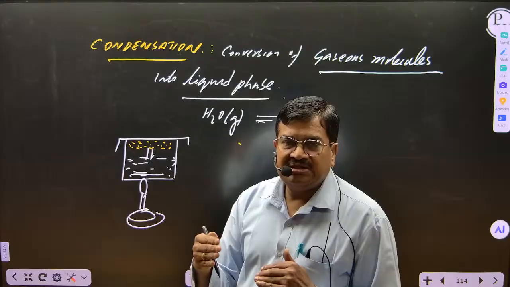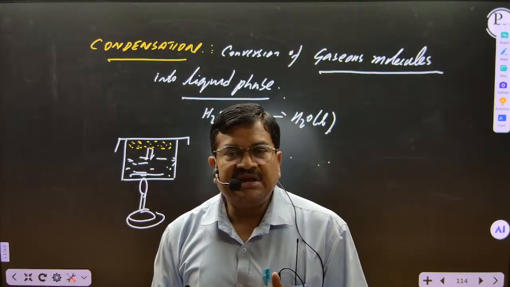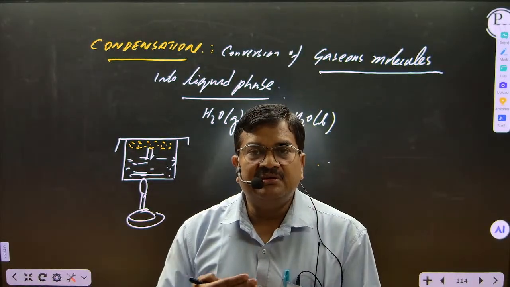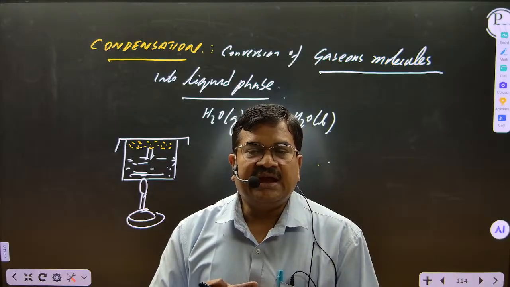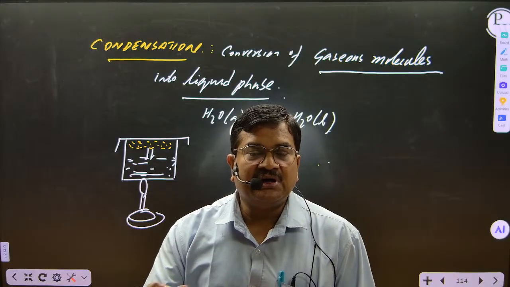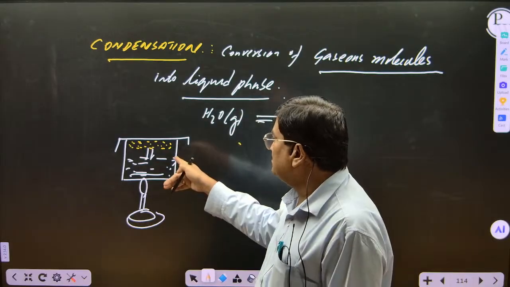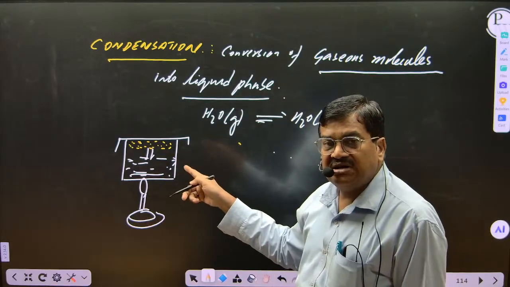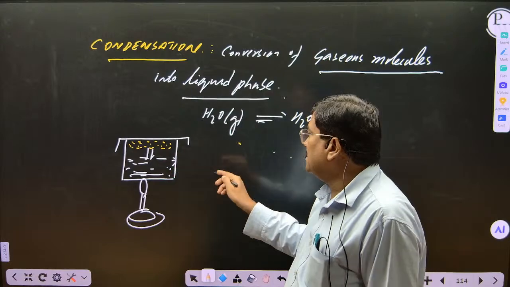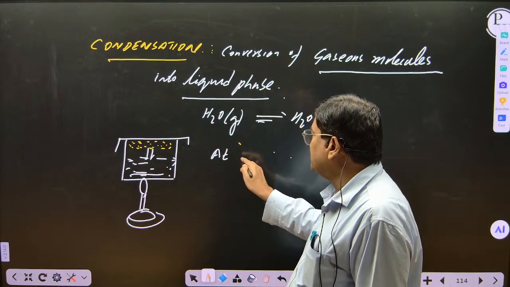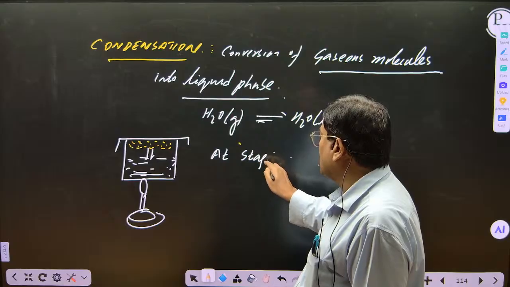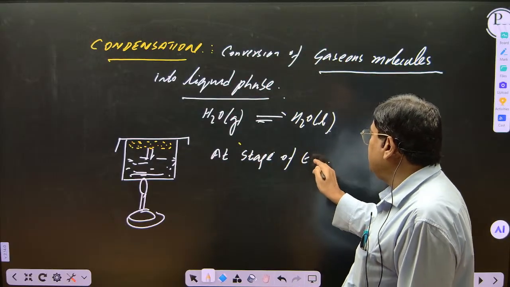So you remember at the stage of equilibrium, the rate of evaporation will be equal to the rate of condensation. At what stage will both keep on continuing? At the equilibrium stage. What is that stage we learnt in 11th class? Equilibrium.